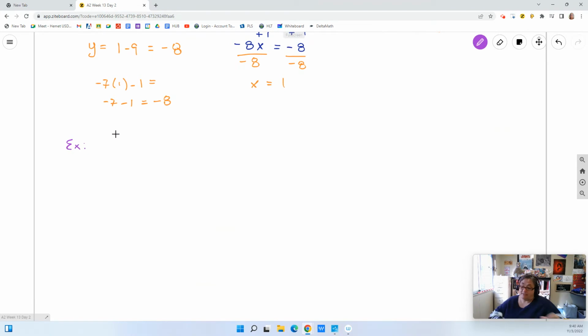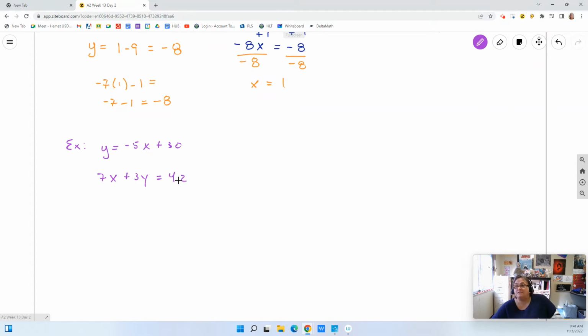If we look at our next example, let's see, where do I want to go with this? Because I have a couple. Let's start here. If I have y equals minus 5x plus 30, and I have 7x plus 3y equals 42.